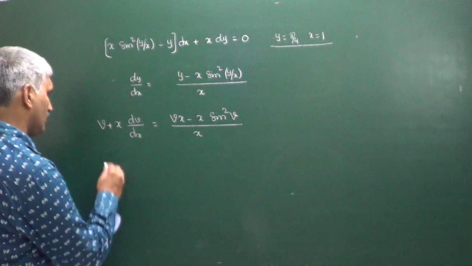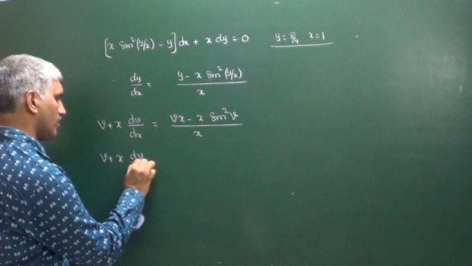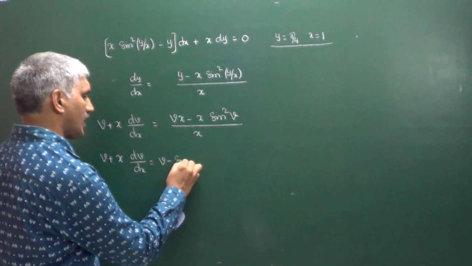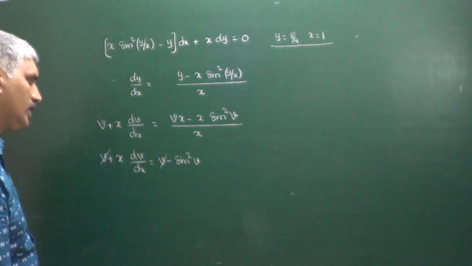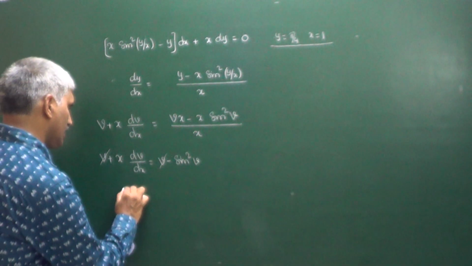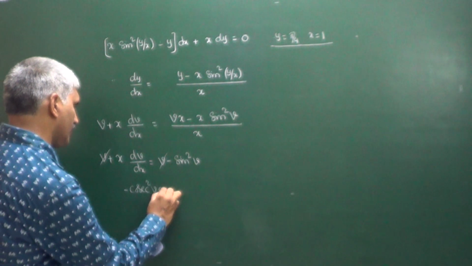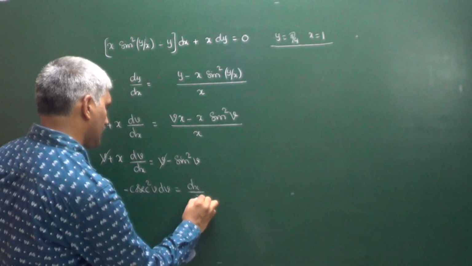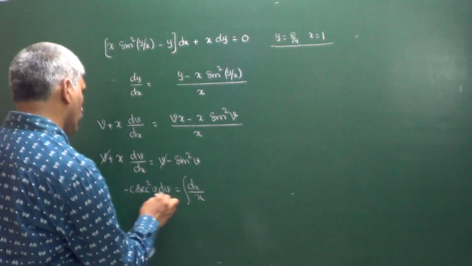Now this further simplification we can write v plus x into dv by dx is equals to v minus sin square v. Now both sides v gets cancelled. We are getting minus cosecant square v dv is equals to dx divided by x. Variables separated. Now integrate both sides.